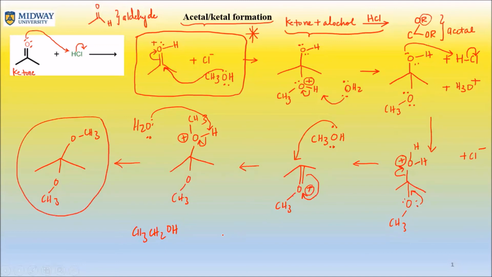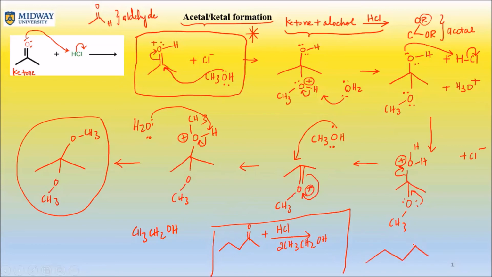Okay, let's summarize it. Let's say I give you this and you don't have the time to remember all this mechanism. Let's say I give you this ketone, okay, plus HCl, and I give you 2 moles of CH3CH2OH. All you got to do is write this molecule without the double bond O, but instead put a V, and on one side add an OCH2CH3.